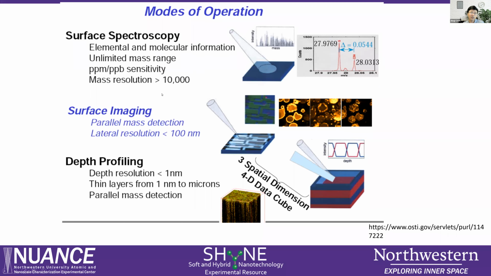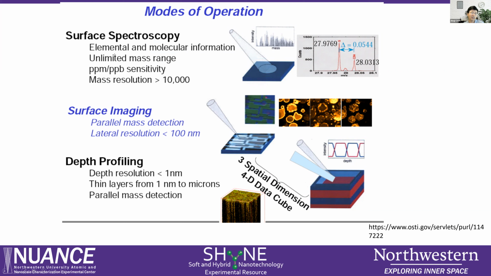With SIMS, we basically get 3 different kinds of data. First, we can get surface spectroscopy, the mass spectrum. We get not just elements, but what we call molecular information.